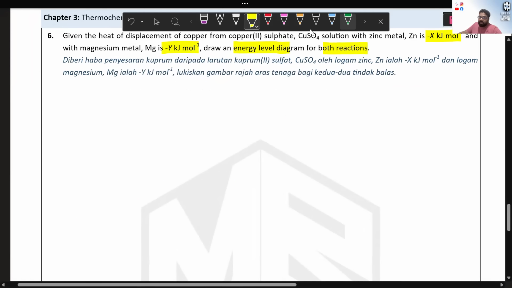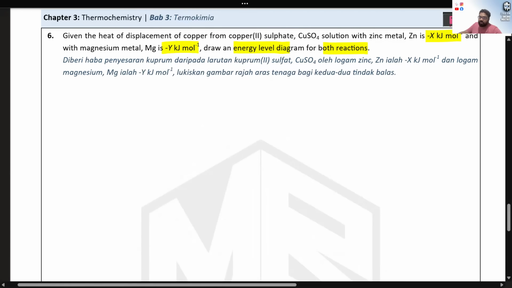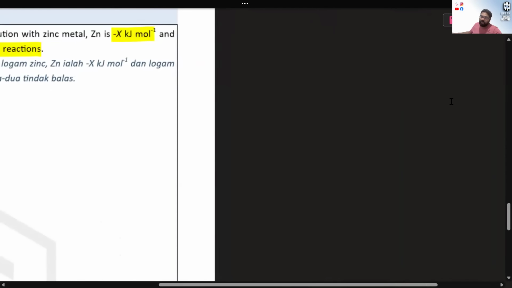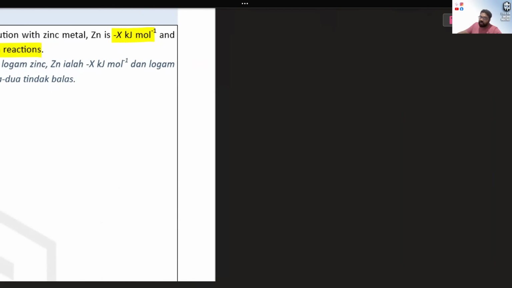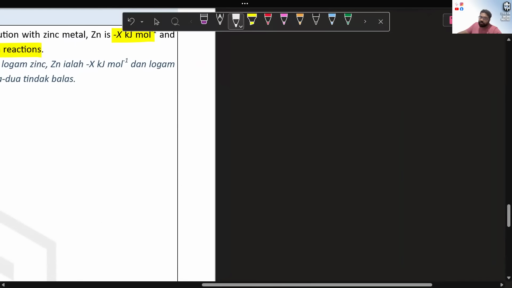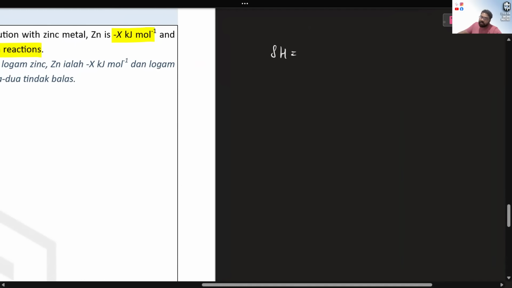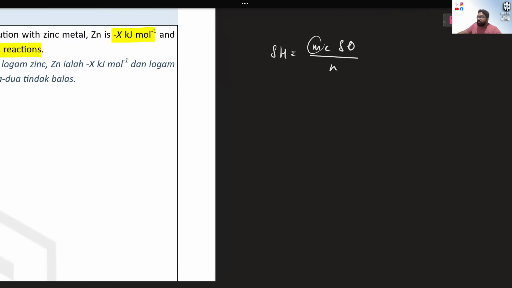Okay, so first of all, if you are required to do calculation for your heat of displacement, make sure your calculation includes the sign. Please include the sign. So your calculation for heat of displacement will be delta H is mc delta theta over n. The mass will be the mass of the solution, that means the copper 2 sulfate solution. For example, in this experiment, we use 50 cm cube.